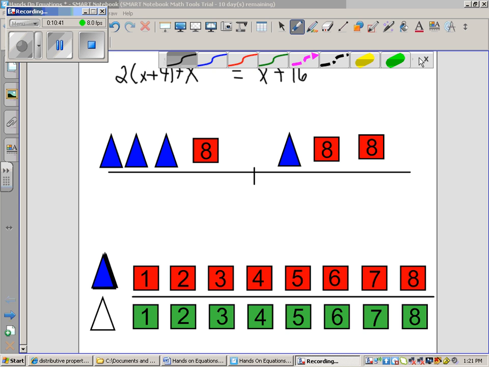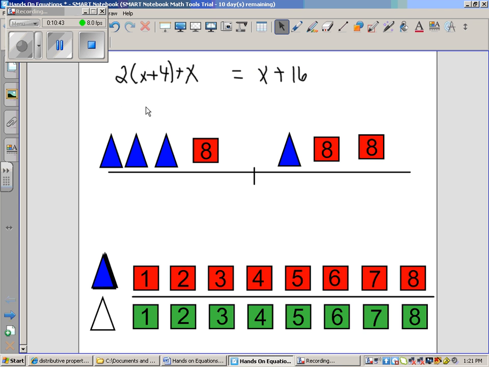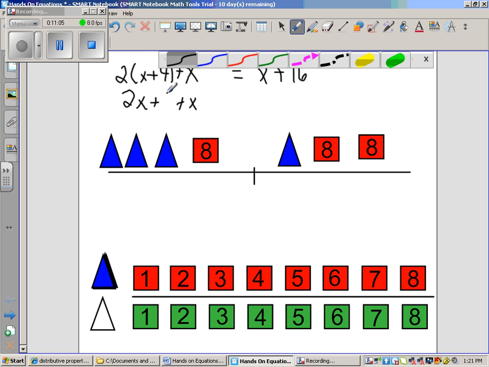Okay, when I solve this, I go ahead and solve by distributing the number over the parentheses. So what I did was I got 2x plus 4 plus x. Actually, I didn't get plus 4. That would have been plus 8, because 2 times 4 is 8. Okay.